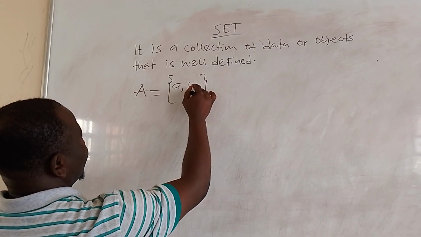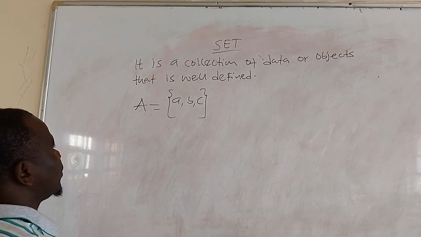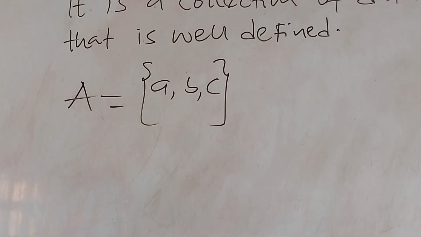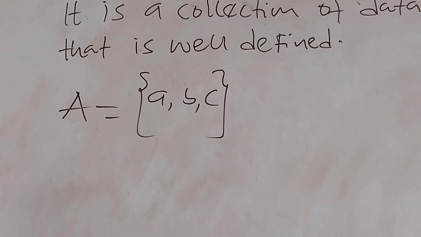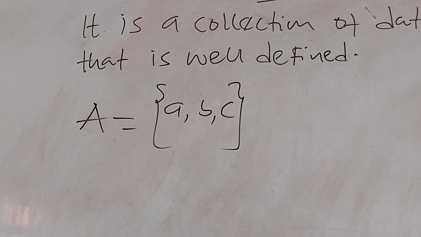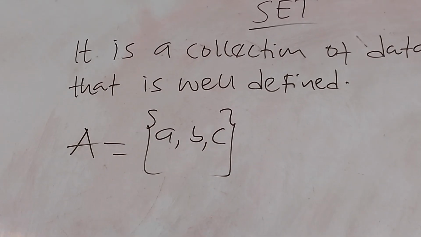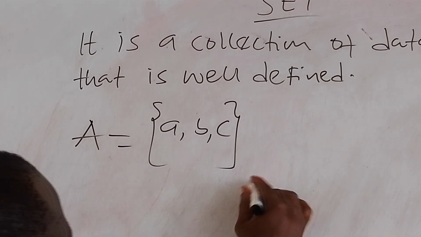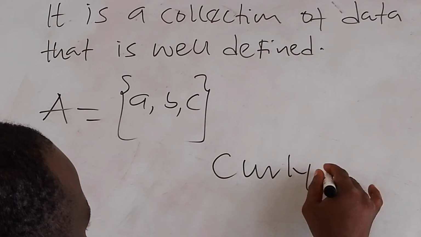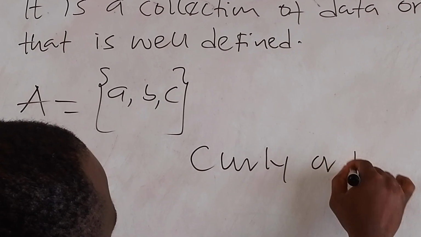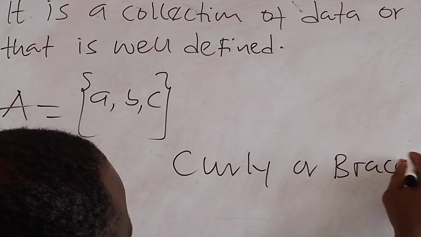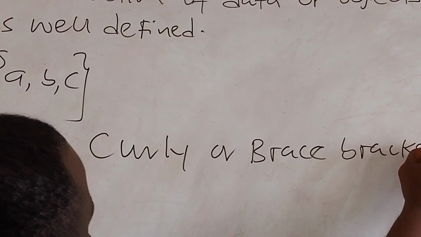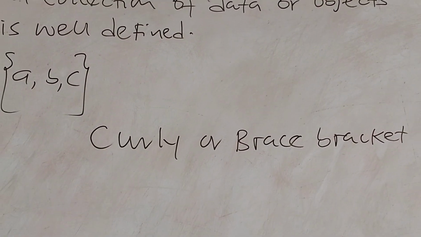Assuming this is a set, it means this set contains A, B, and C. Please note that this is a curly bracket or brace bracket. Is that clear?